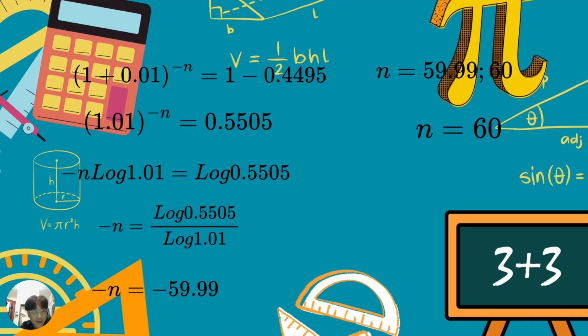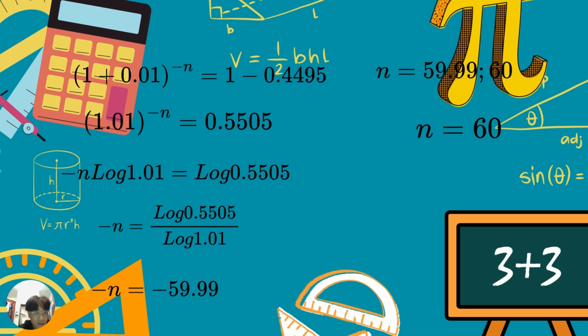So after the calculation, we get open bracket 1.01 close bracket power negative n equals 0.5505. In this calculation we need to use a calculator.